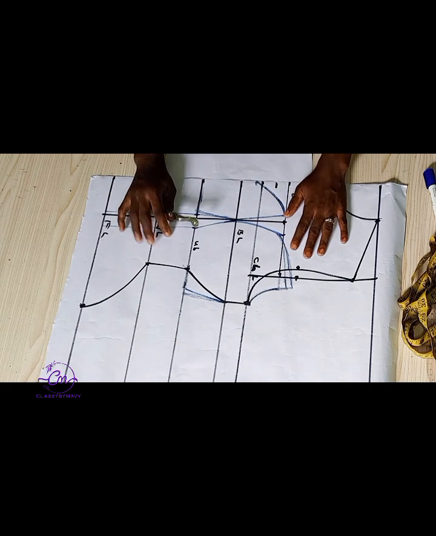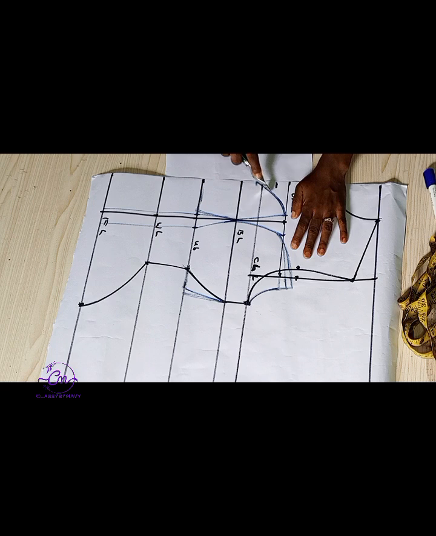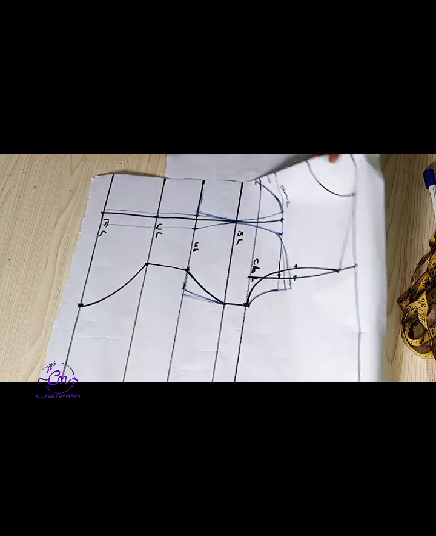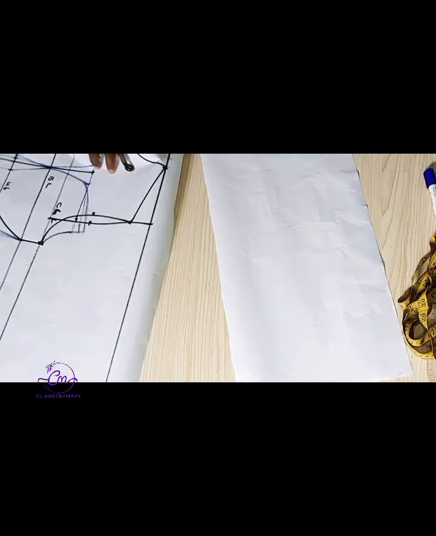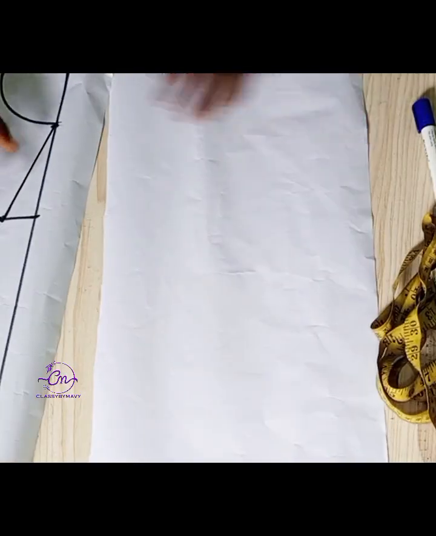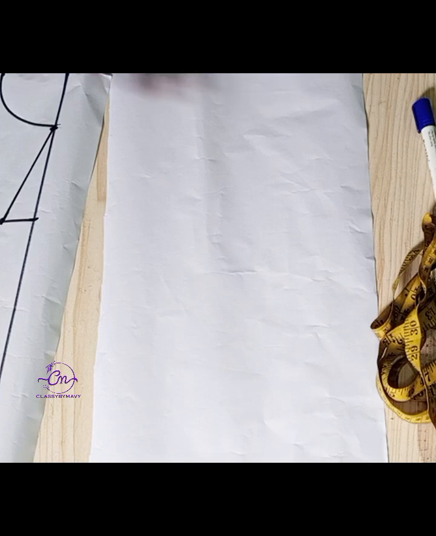As you are tracing, you do not want it to shift. So we have traced out our bustier pattern. Let's remove it and see. Okay, it is very clear to me. I don't know if you can see.